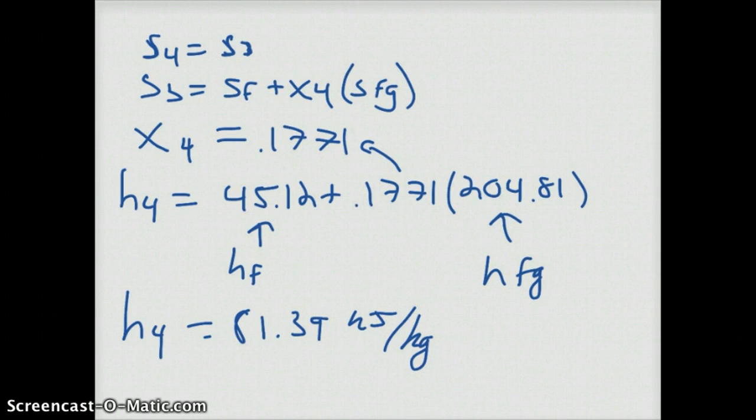Now we are ready to find the answer for part A, which is going to be to find the work of the compressor. But before we have to do that, we also have to find our coefficient of performance, which is equal to beta.